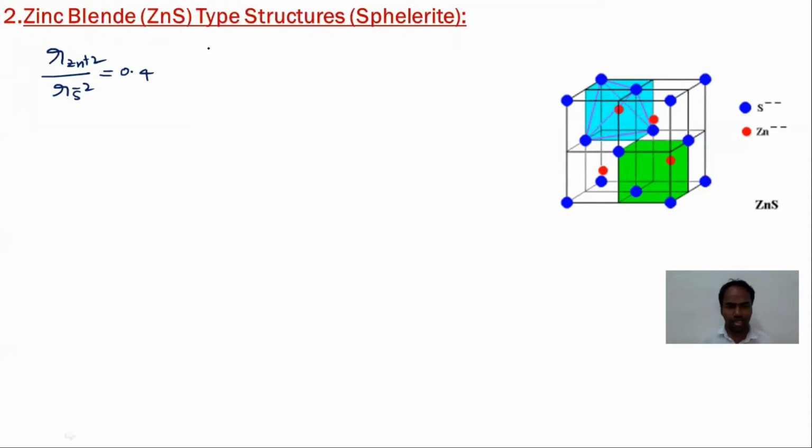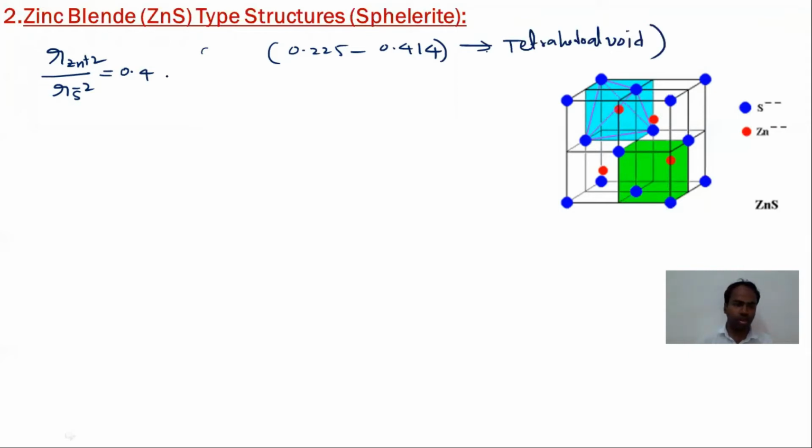So when the radius ratio comes between 0.225 to 0.414, which type of void is present? That is a tetrahedral void. Hence, we can expect Zn+2 will occupy the tetrahedral voids.